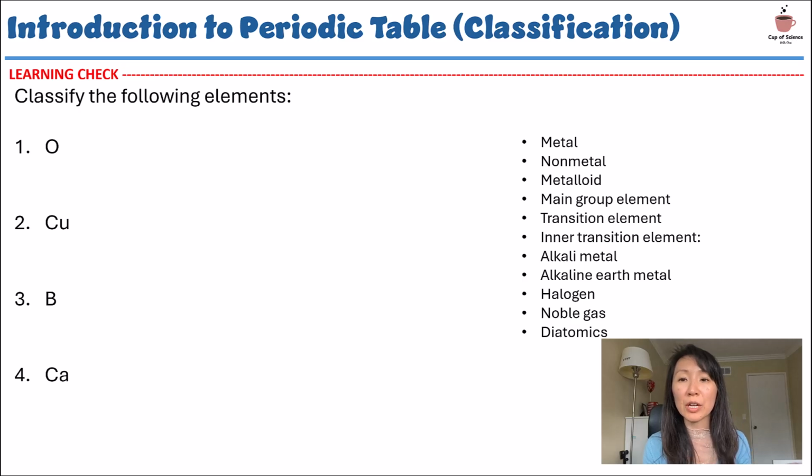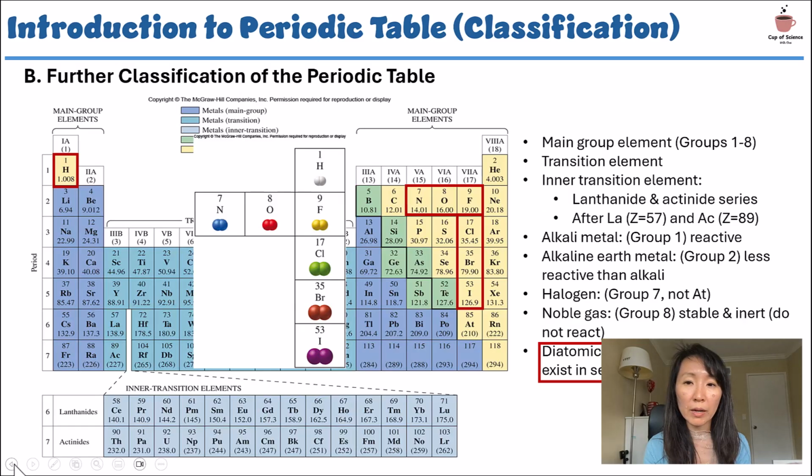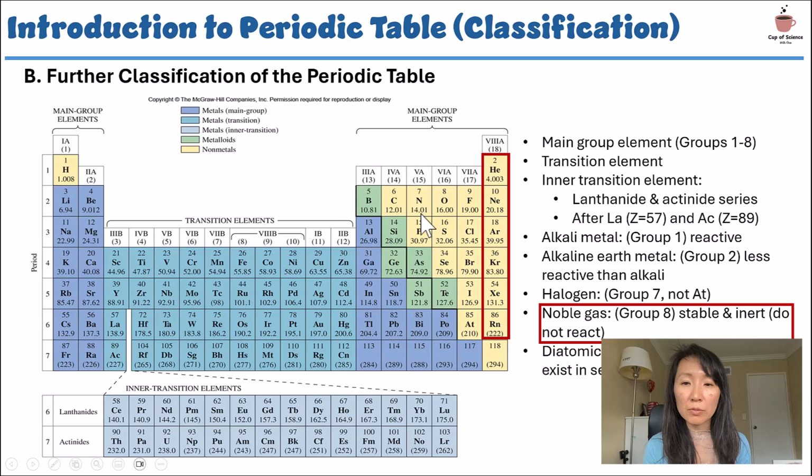So let's do a learning check. I'm going to do the first two, and then you try the last two. Let's look at oxygen here, and you're going to look at your periodic table. Now you're going to classify oxygen as one or more of these categories. If you look in the periodic table, I'm going to go back real quick. Oxygen is right here, in that yellow.